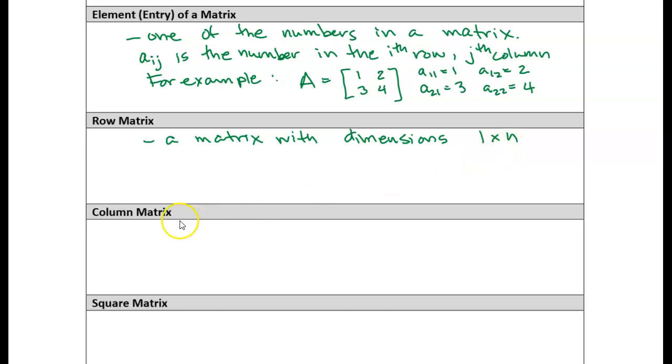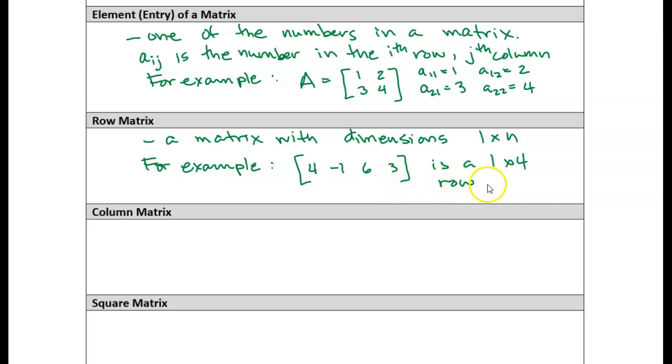So for example, let's say we have this matrix. It looks like 4, -1, 6, 3. Okay, so it's a 1 by 4 matrix, and it's a row matrix because it just has one row. So we would refer to this as a row matrix.